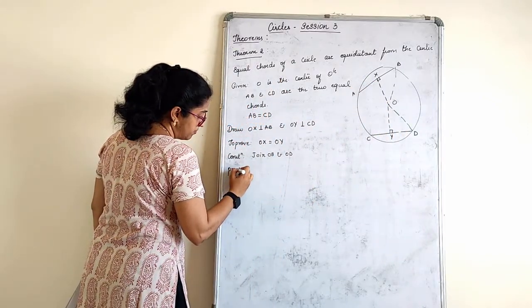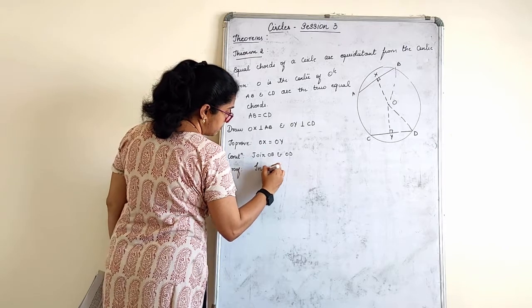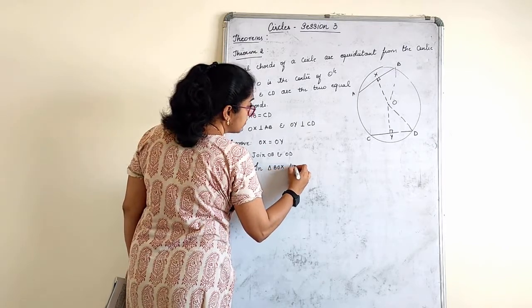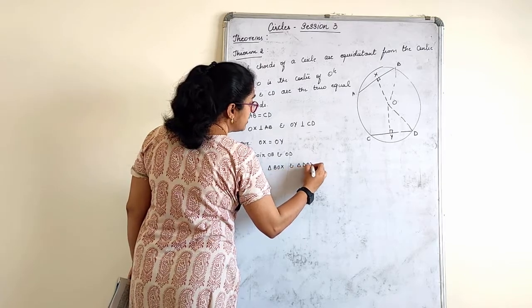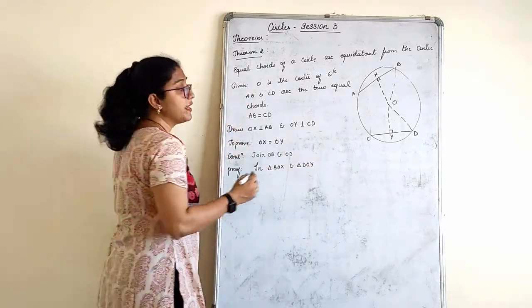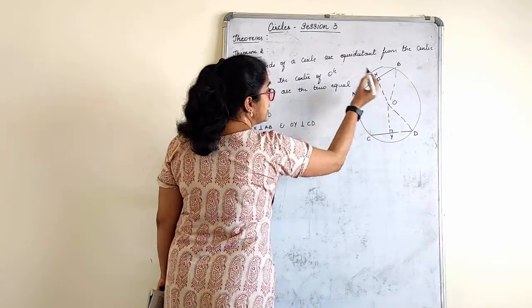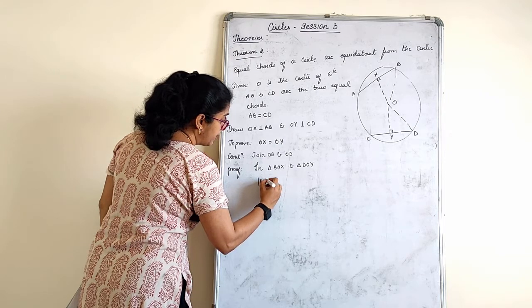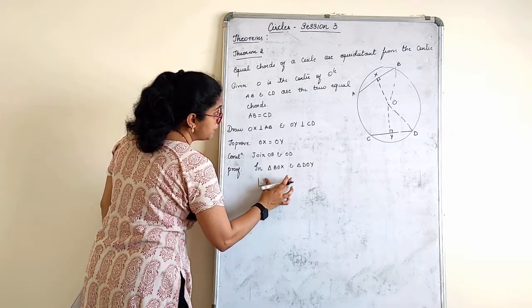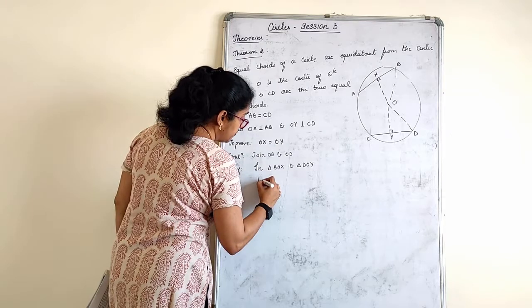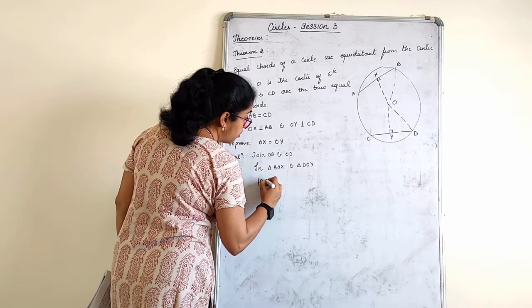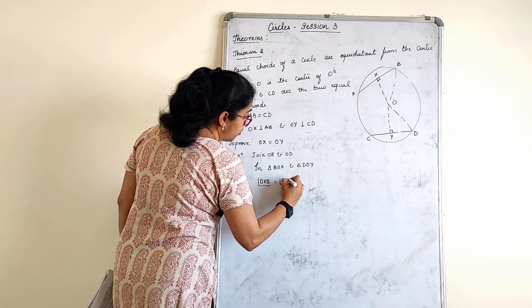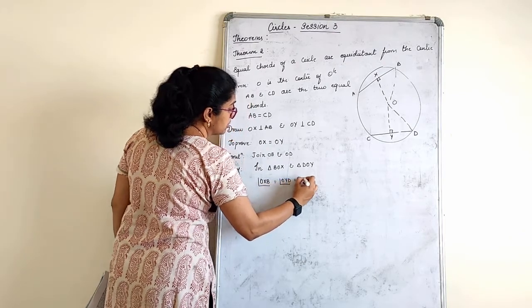Proof. In triangle BOX and triangle DOY. First of all, 90 degree, we will write that angle OXB is equal to angle OYD is equal to 90.